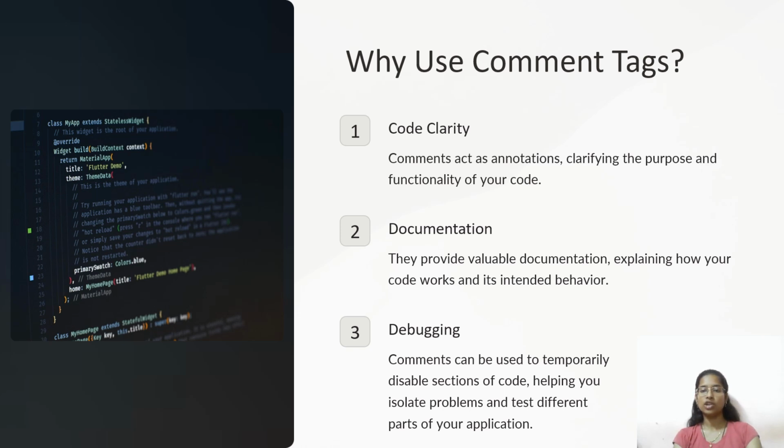They provide valuable documentation, providing detailed explanation about what your code does and how to use it and any other relevant information. This is usually done through comments and separate documentation files. And the last is debugging. This process is finding and fixing errors or bugs in your code. This often involves running the code, identifying where it goes wrong and making corrections.